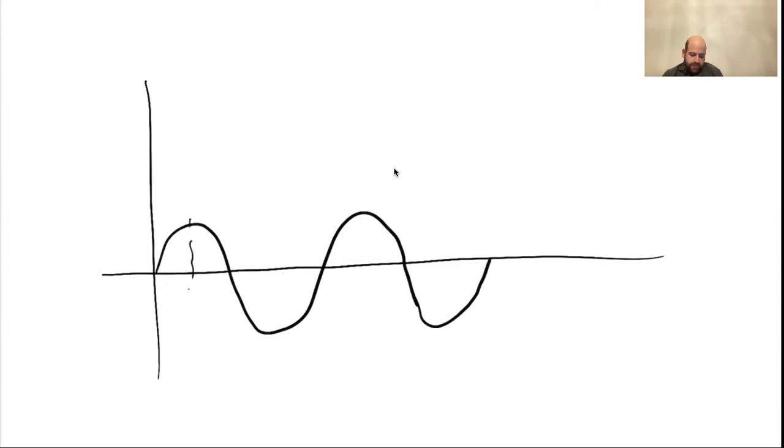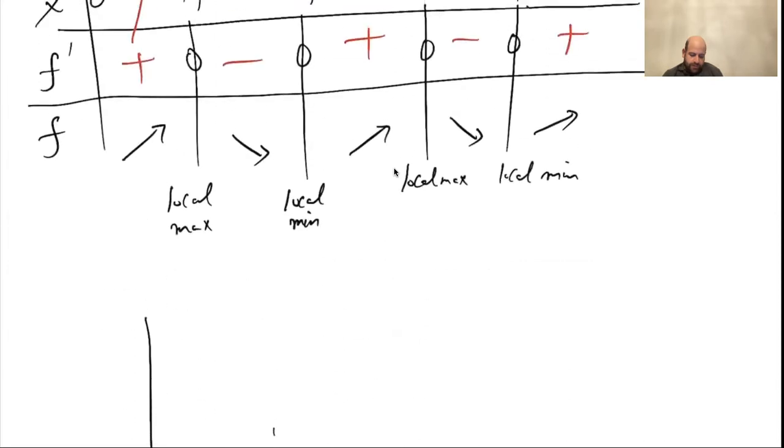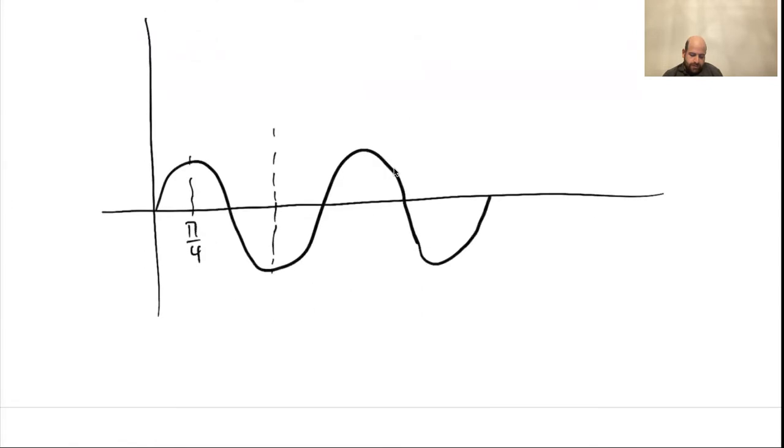So this is pi over 4. And this one was 3 pi over 4. 5 pi over 4. 7 pi over 4. And then 2 pi here.